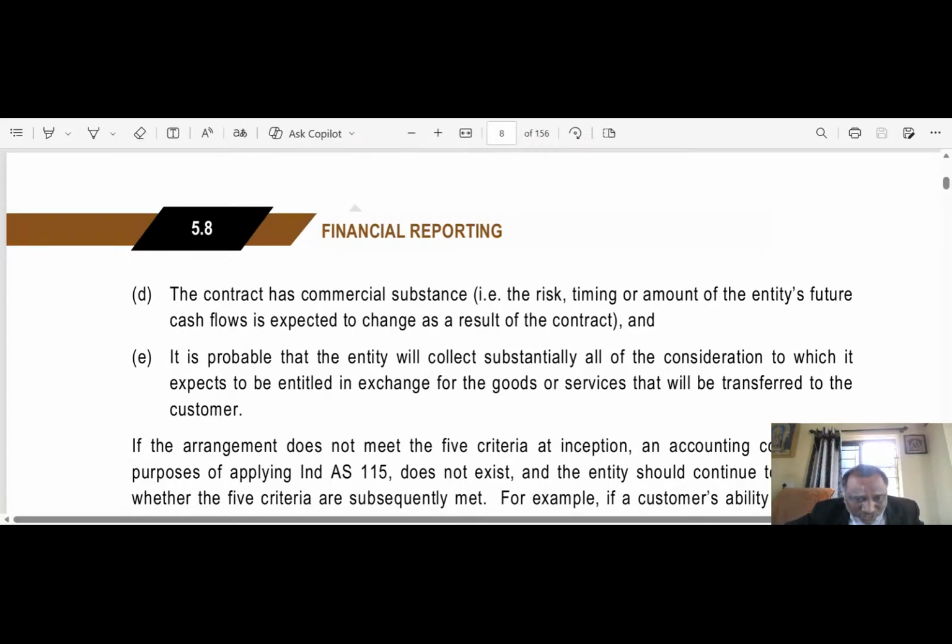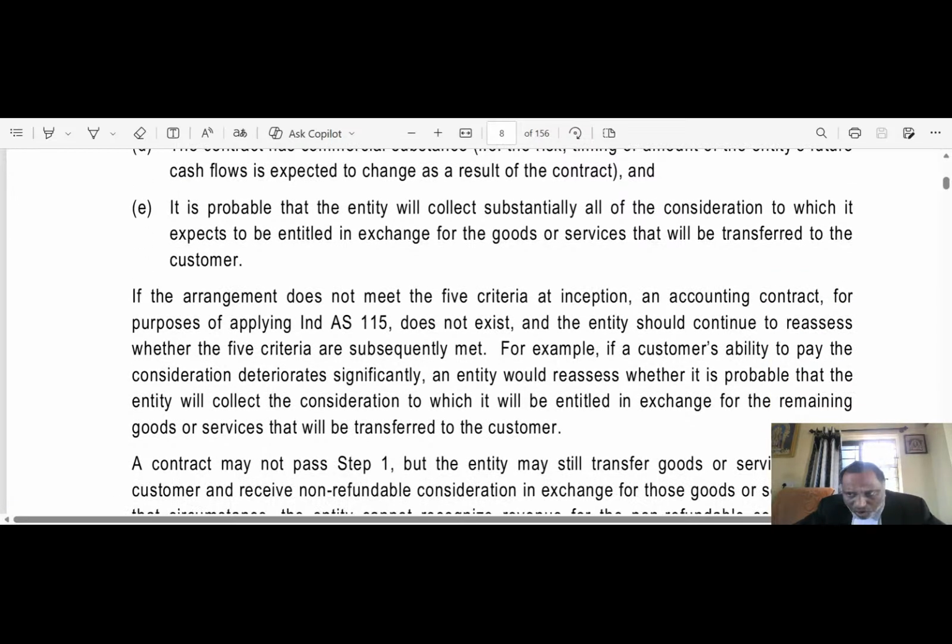If the arrangement does not meet the five criteria at inception, an accounting contract for the purpose of applying IND AS 115 does not exist, and the entity should continue to reassess whether the five criteria are subsequently met.